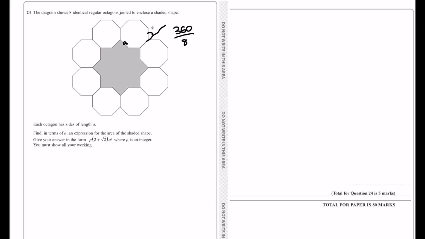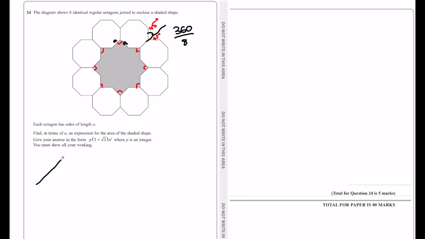So we know this angle in here is 45 degrees, which means this one's also 45 degrees on the other side. So that means we're getting right angles. So this is a right angle here, and here, and here, and here, and so on. So these are all 90 degrees. And all the lengths are A.